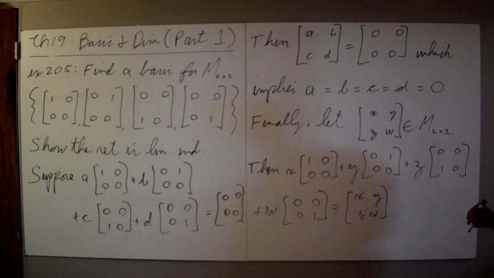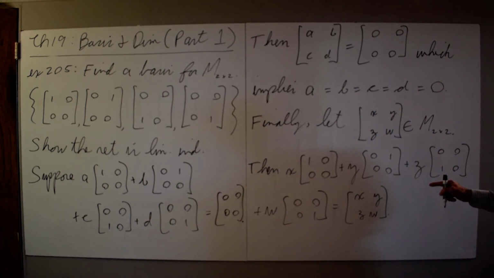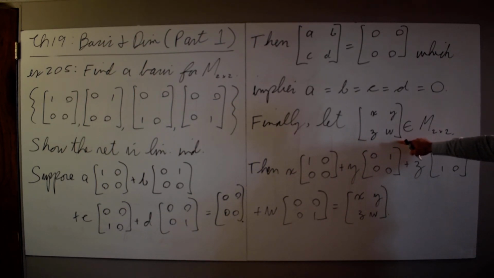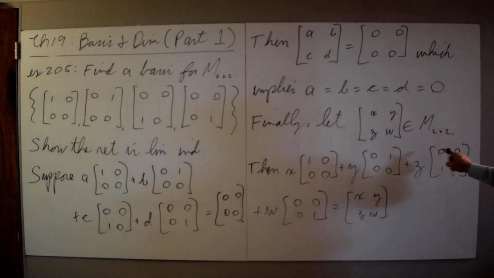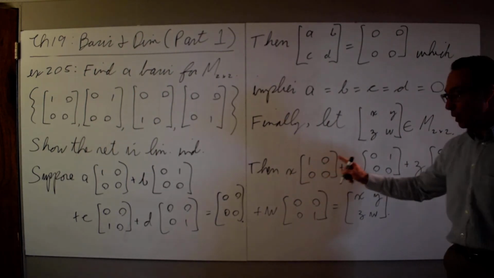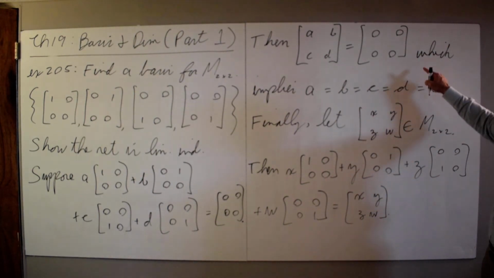This shows that these four vectors span M22. We took an arbitrary matrix in M22 and we wrote it as a linear combination of these four matrices.